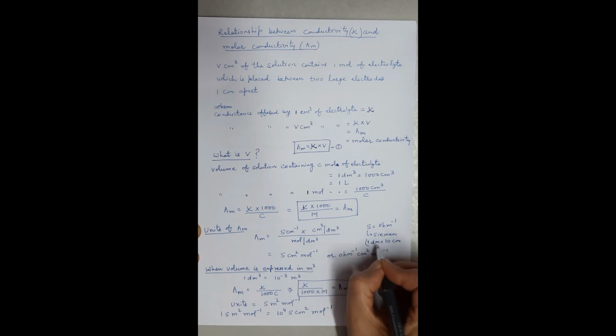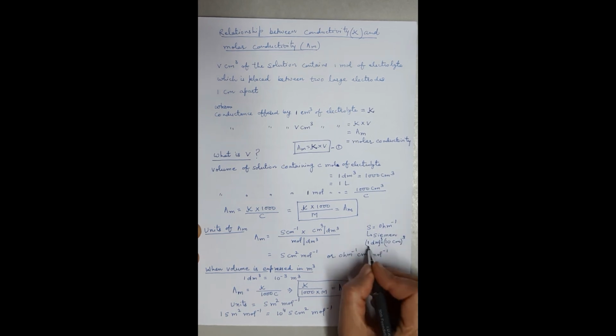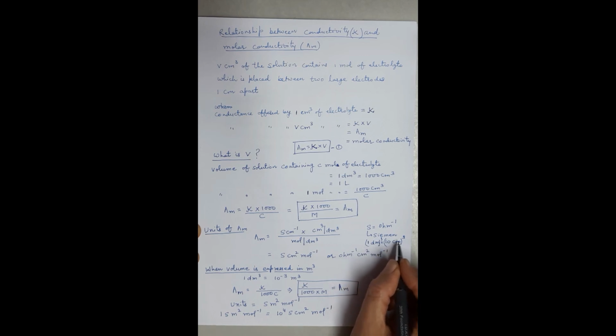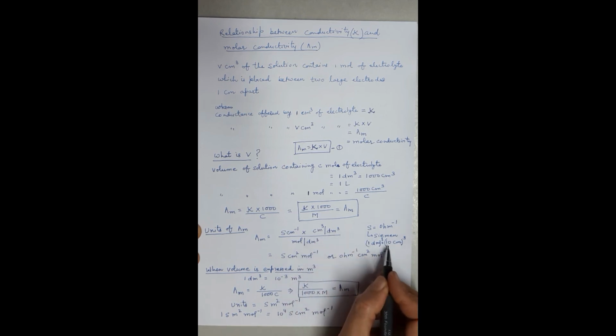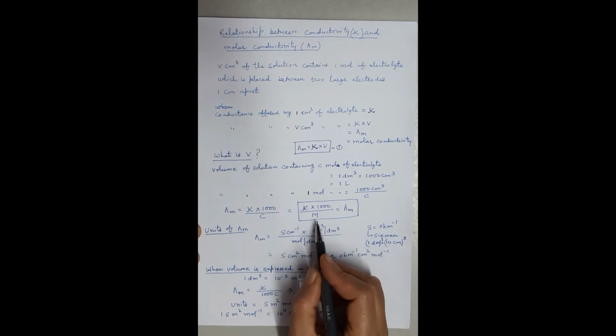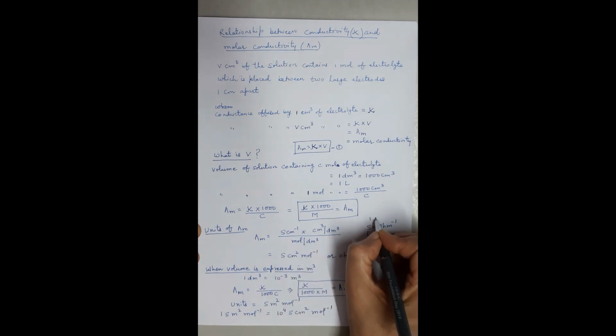If I take cube on both the sides, 1 decimeter cube is equal to 10 raised to power 3 centimeter cube. So centimeter cube upon decimeter cube is actually equal to 1000. And molarity generally we express as moles per liter, and 1 liter is equal to 1 decimeter cube. This also you should know.